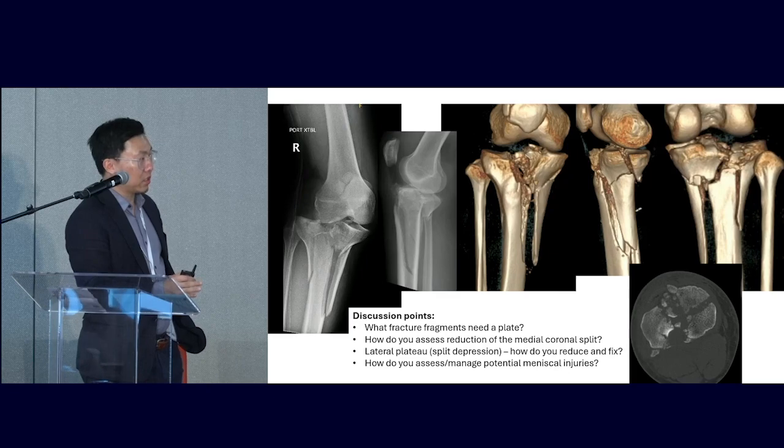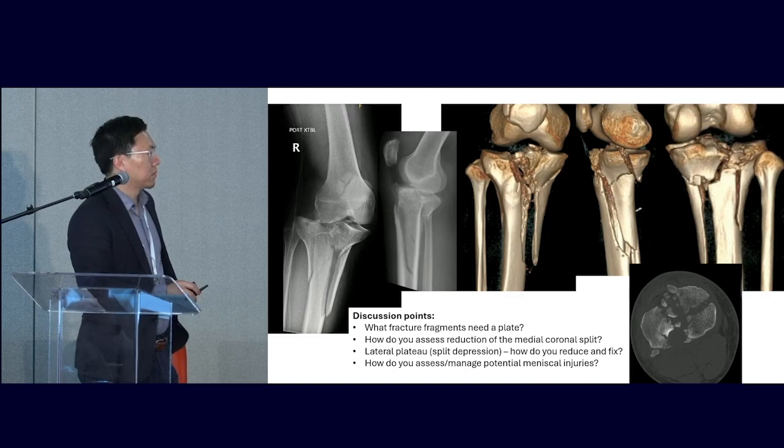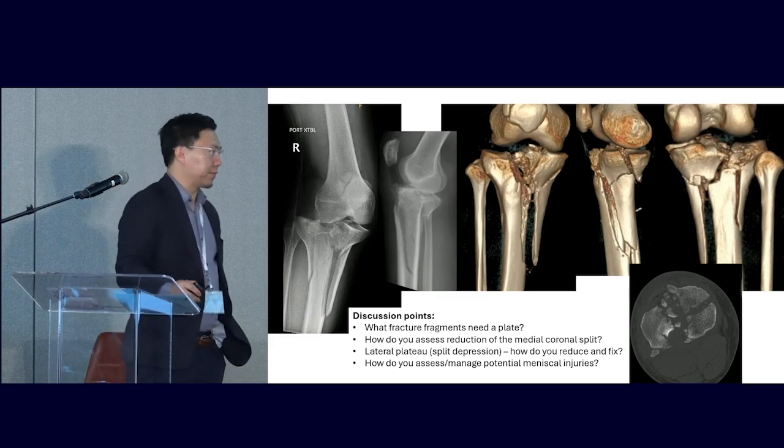In addition, there's a lot of comminution in the middle, around the notch, and a split depression on the lateral plateau as well. The other thing is the patella looks like it's a little bit high. There may be a piece of that tubercle that's pulled up a little bit. That adds a little bit of a curveball there.